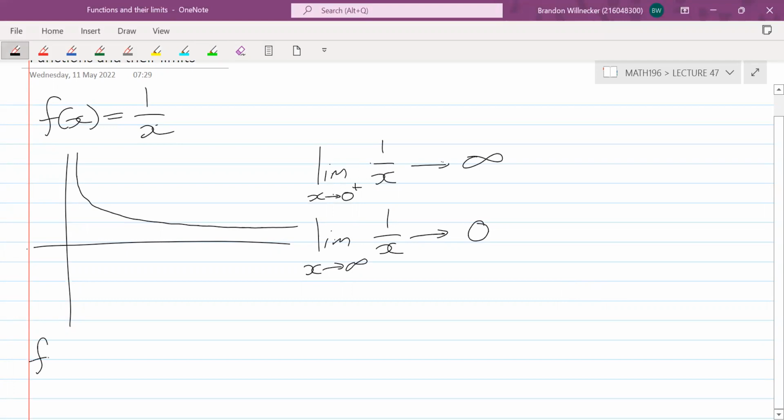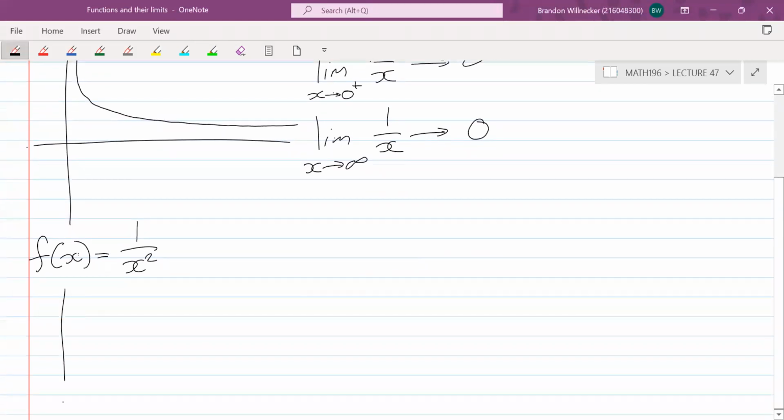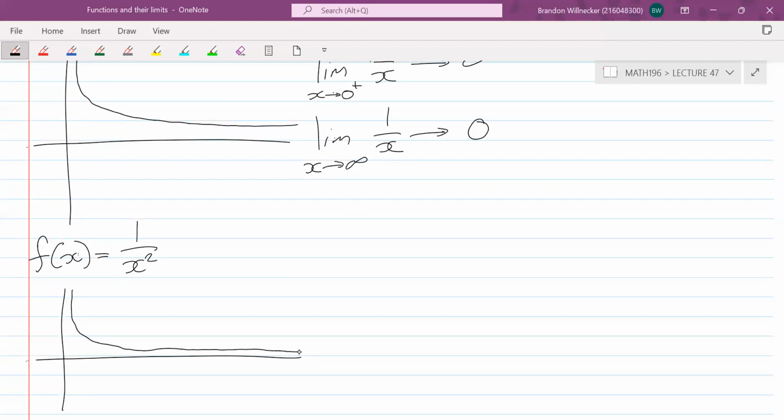So if we have f of x is equal to 1 over x squared, for example, this looks very similar to 1 over x. However, it goes to 0 much quicker. So it's going to look something like this. Okay, but we still have that decay of the function going to 0. And we also have the fact that if x goes to 0, this goes to infinity.